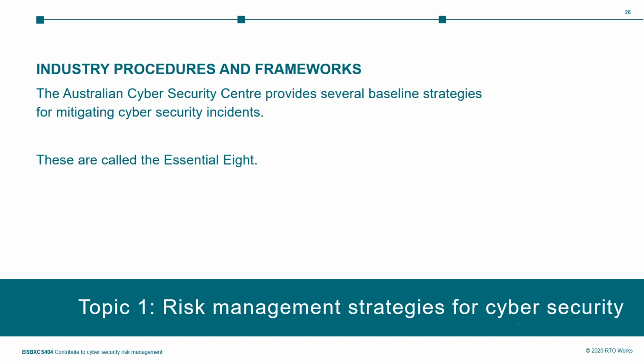because one of the things we'll be looking at is the Australian Cyber Security Centre's Essential 8, which is about identifying the level of security mitigation that you have within your organisation.